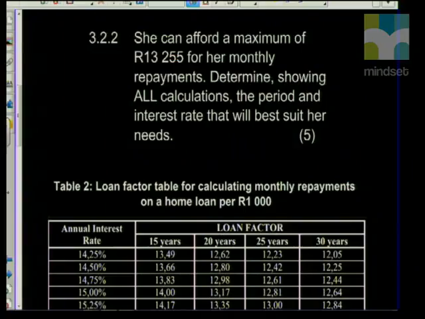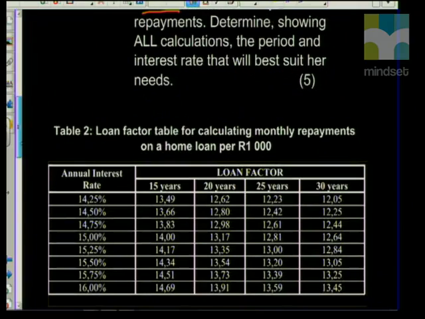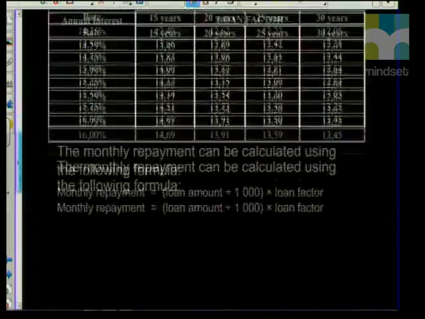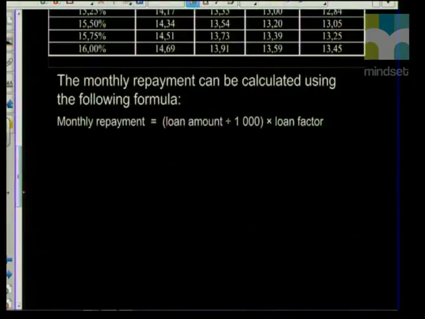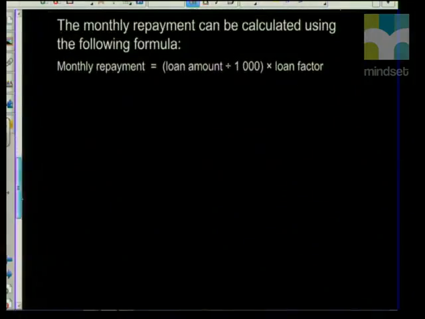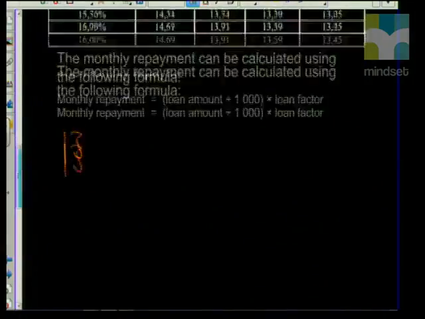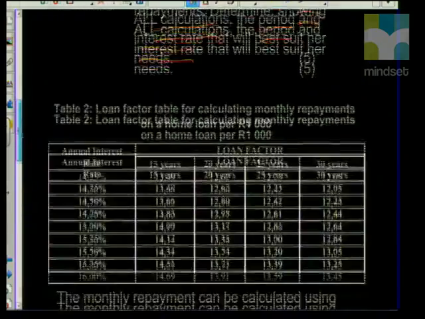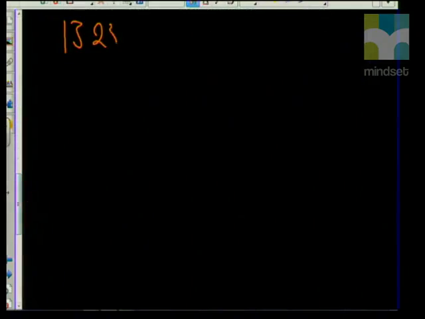It tells us she can afford a monthly maximum of 13,250 for her monthly repayments. Determine, showing all calculations, the period and the interest rate that will best suit her needs. So now we're going to use the equation backwards. We're going to say she wants to pay only 13,255.